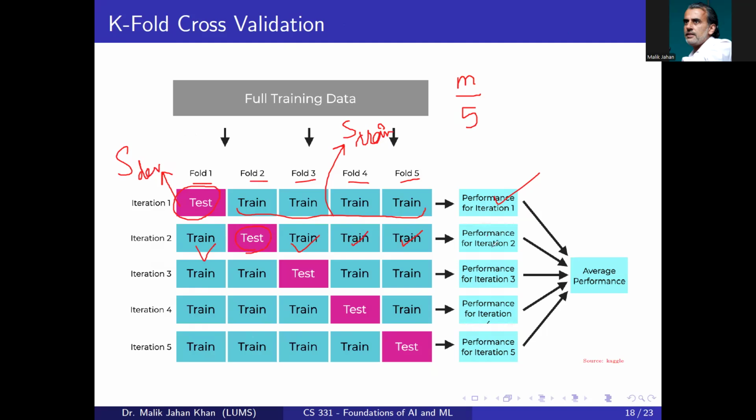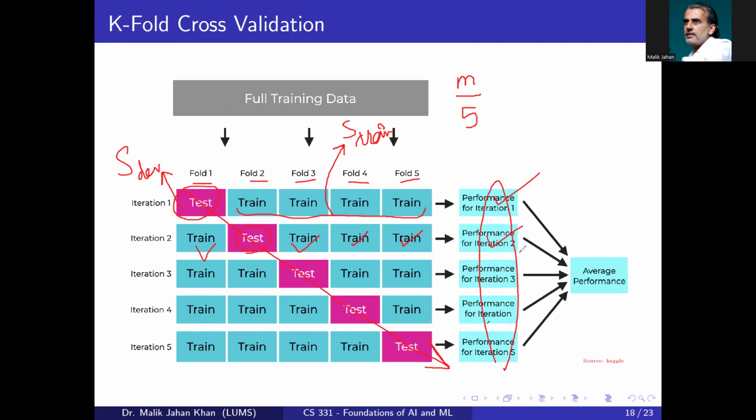We run the exercise and compute another performance measure. We repeat this exercise. You can see that each fold is serving as SDEV at some time. And the number of iterations we perform depends on the value of k. So this is a 5-fold validation in this example.